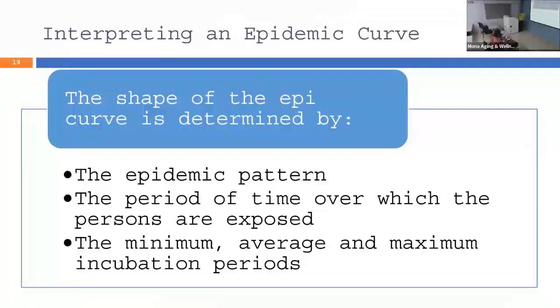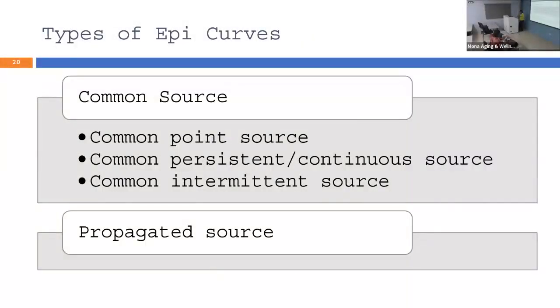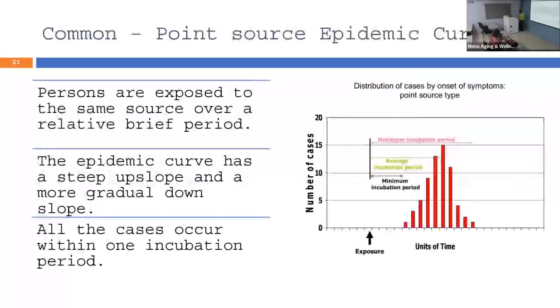You have the minimum, average, and the maximum incubation period, and you will see it on the curves coming up. For common source epidemic curves, you're going to see point source, continuous and intermittent, and the propagated source.